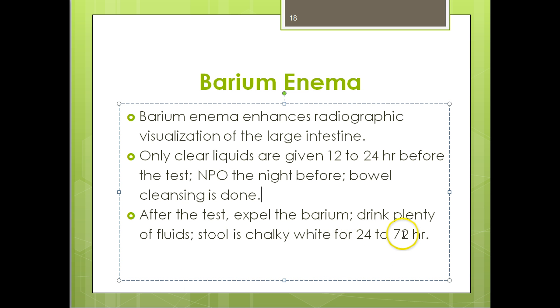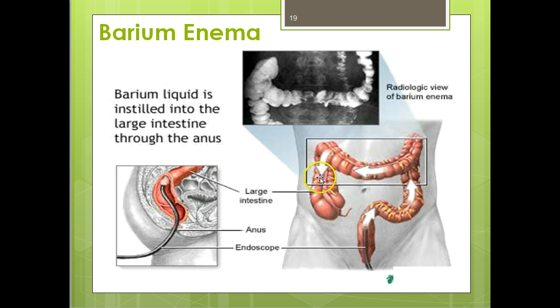After this test, it's going to be the same thing. So this is the process of the barium enema. You're going to be given the barium liquid. It's instilled into the large intestine through the anus. They're going to have a radiologic view, right here, you guys. Y'all can see the barium enema.